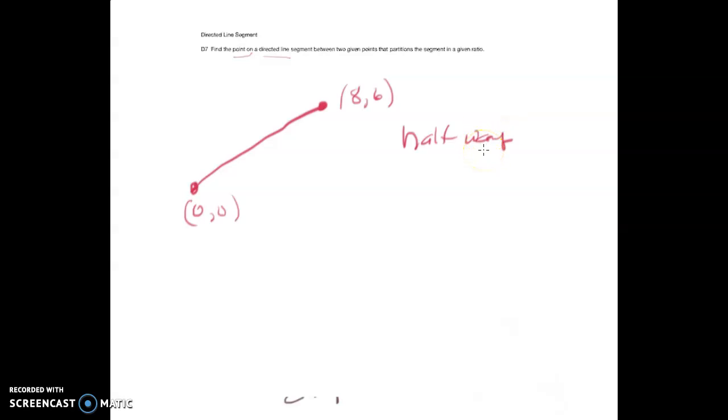Well, now what we got to do is we got to do them separately. So it's going to be, let's do the x first. It's 0 plus what? Half the distance. What's the x distance? 8 minus 0. Okay. That looks right. Comma, the y.